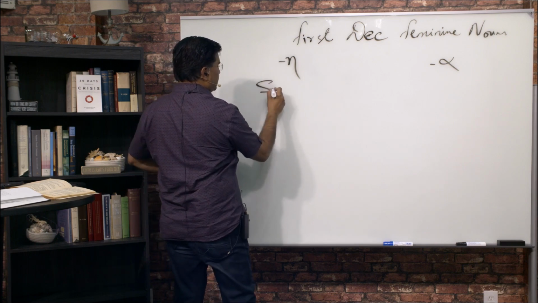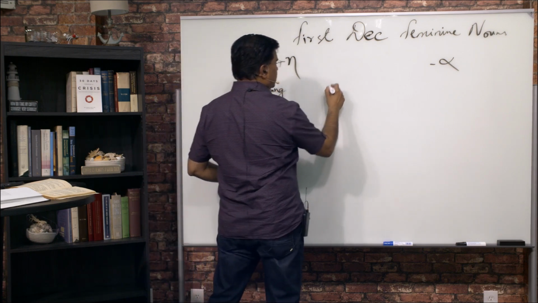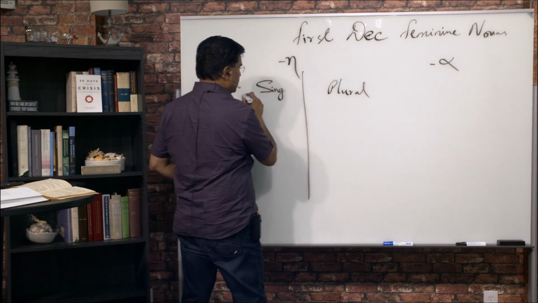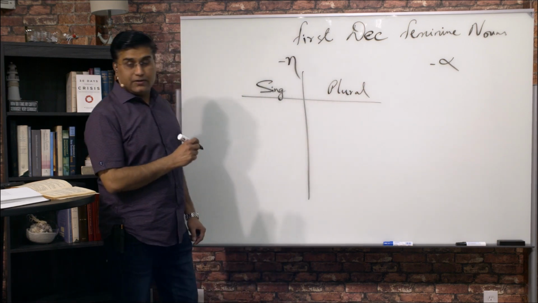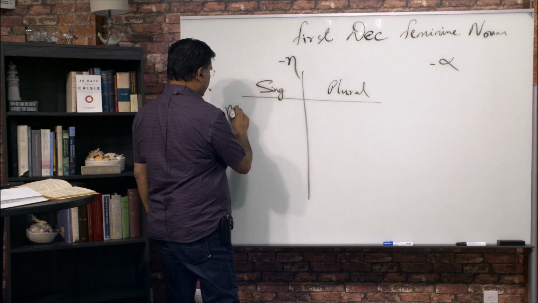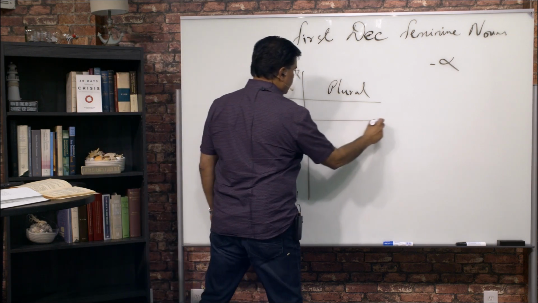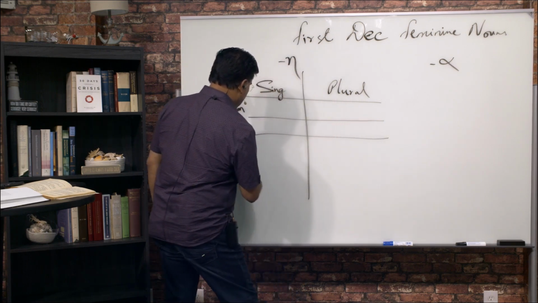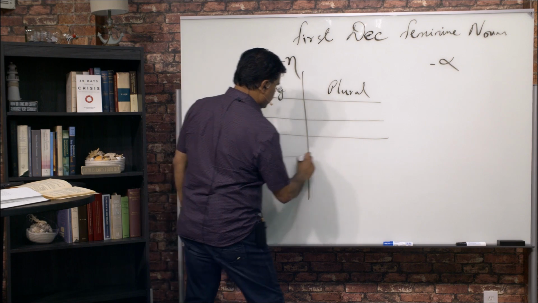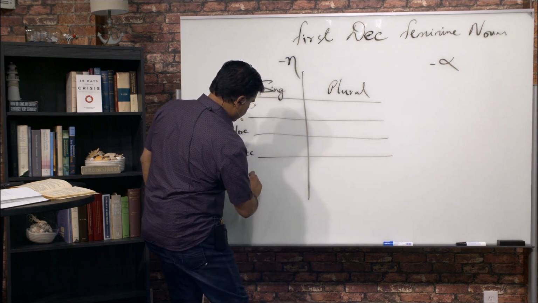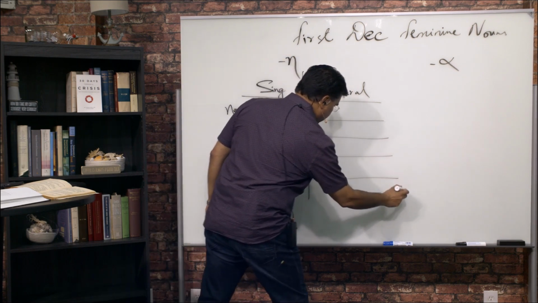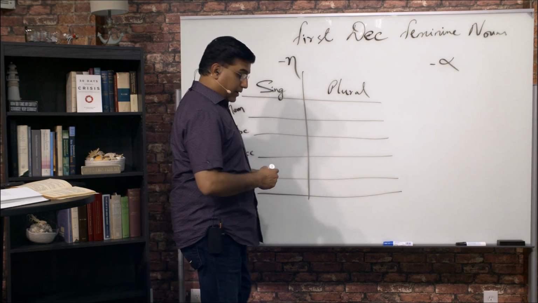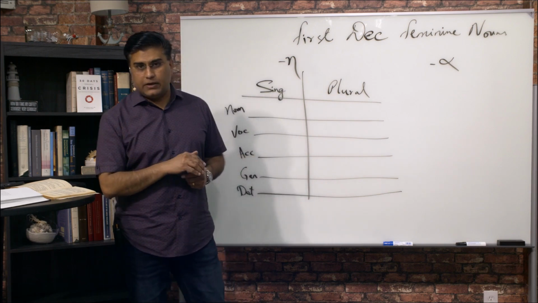You have singular on one side, plural on the other, and we begin with nominative case, vocative, accusative, genitive, and lastly, dative. Remember our case endings and what cases mean.